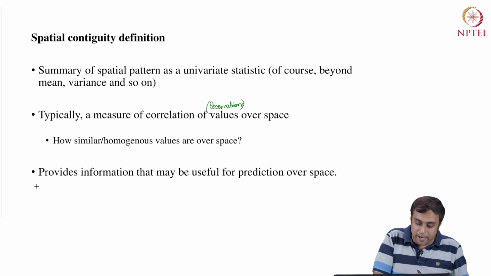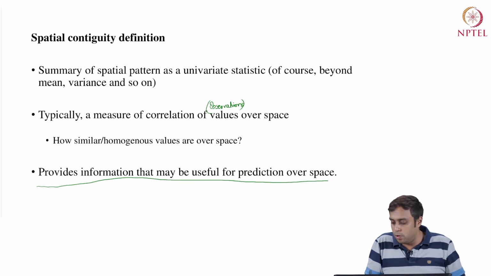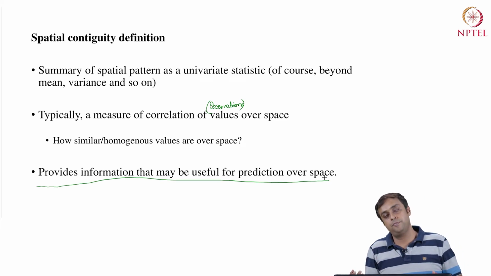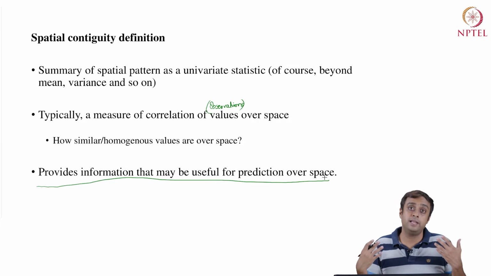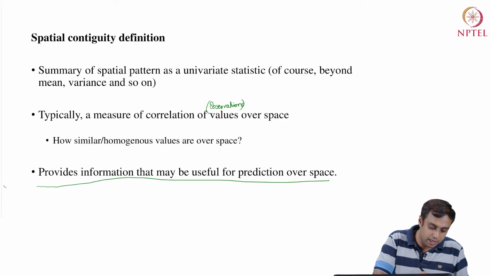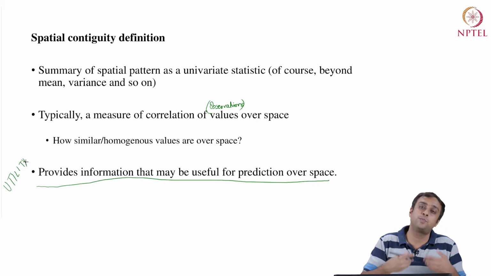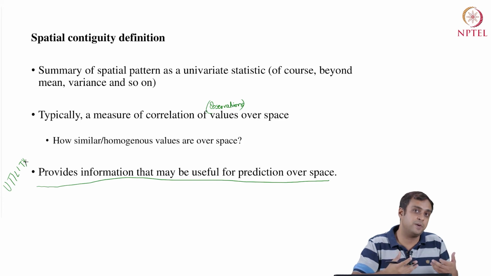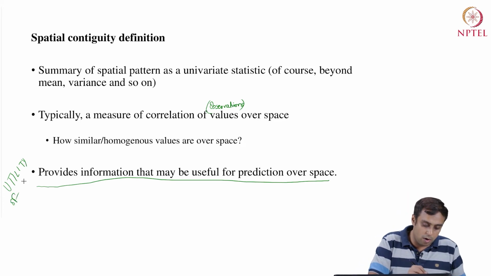Spatial contiguity provides information that may be useful for prediction in space. So that is the utility of going through this process of estimating spatial dependence, of learning about spatial dependence in data.